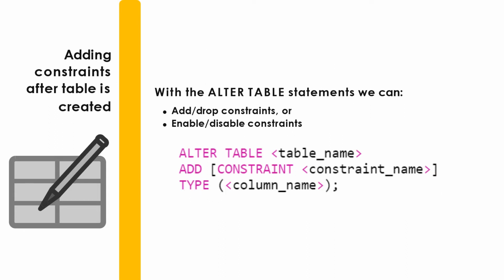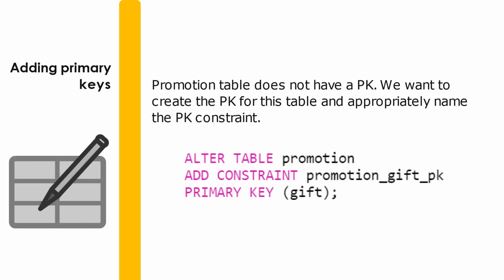We can also add constraints after the table is created. With the alter table statements, we can either add or drop constraints or enable and disable constraints. We can see in our slide the syntax for the add or drop constraints and the enable or disable constraints. For example, if you would like to add a primary key to our promotion table, this is how we're going to do it.